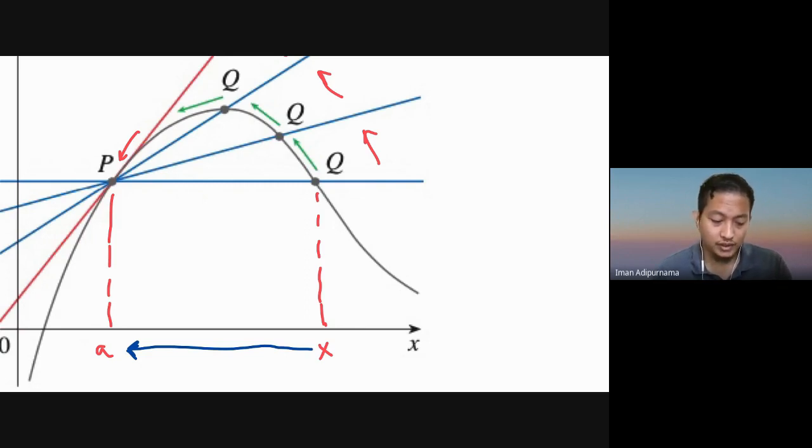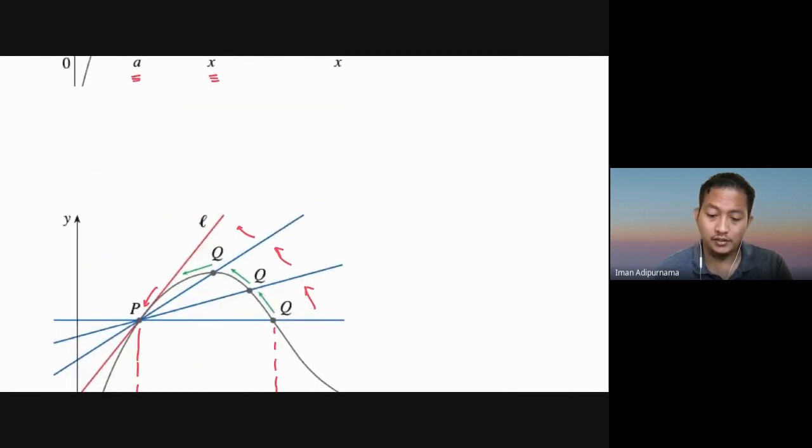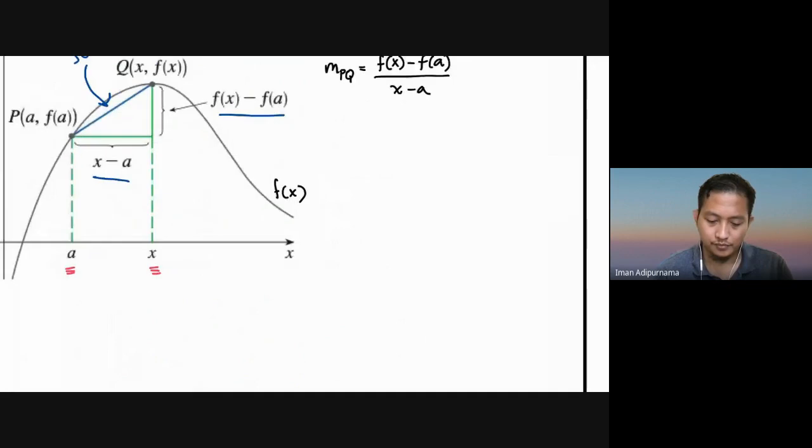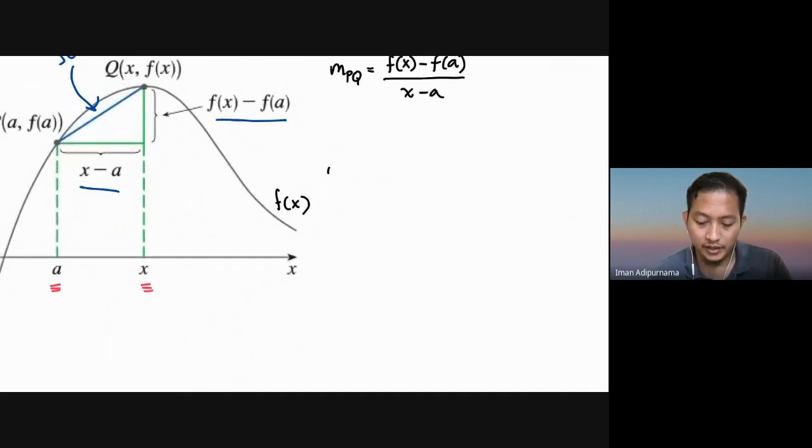So when approaching number A, we can also write the gradient. Let me write in here.